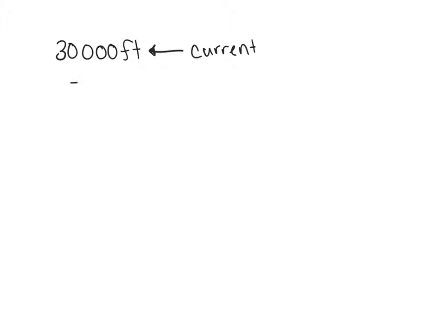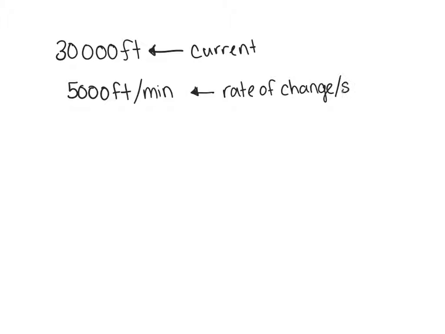And then it's going to start descending 5,000 feet per minute. As soon as I see a rate like that, like something per something, I instantly know that's going to be my rate of change or my slope. And basically my initial value or my current situation here is going to be my y-intercept. So I can tell that rate just from reading the question.